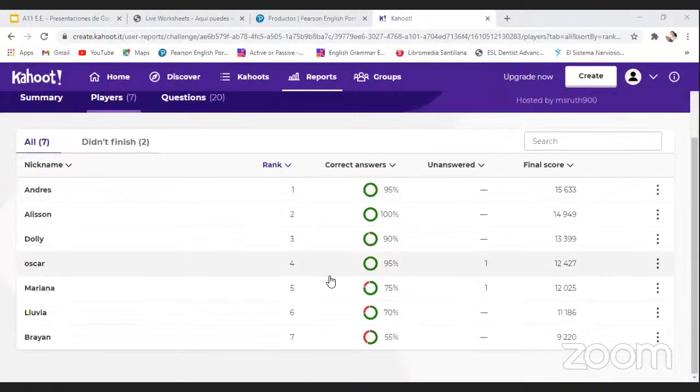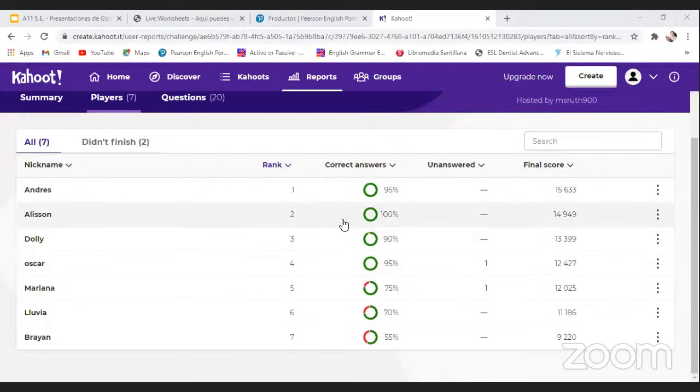Okay, 7 participants played. And here I have the results. Okay, you got fourth place. Someone else was able to see. Here are the results for the participants that did the practice.